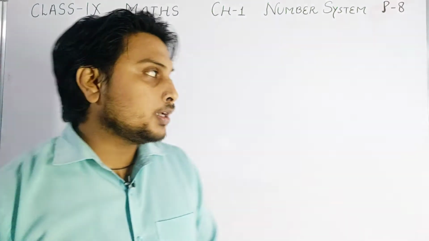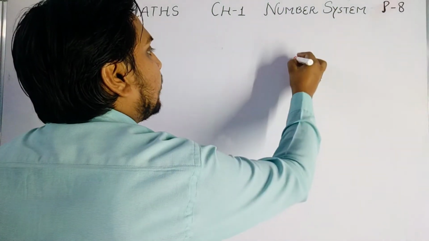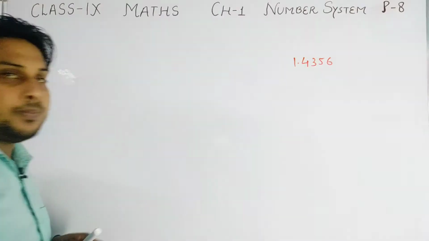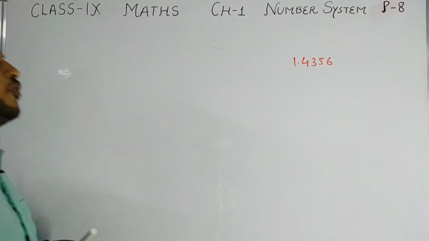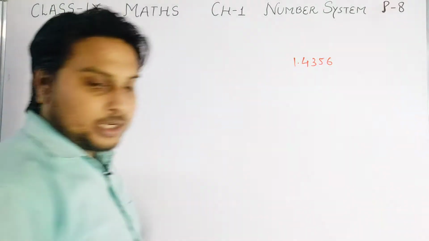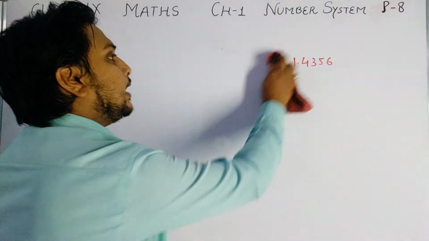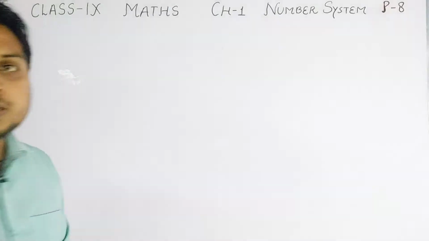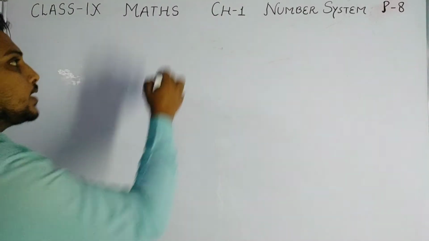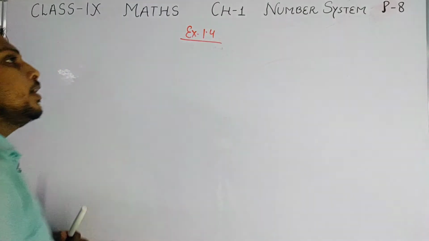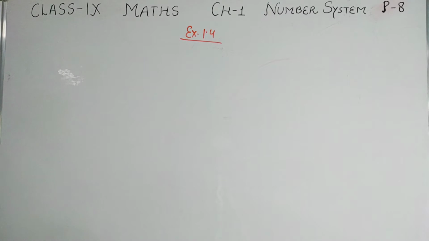If the number is like 1.4356, we have to represent it on the number line. For this we studied the successive magnification method, and on the basis of this we will discuss exercise 1.4 of NCERT.